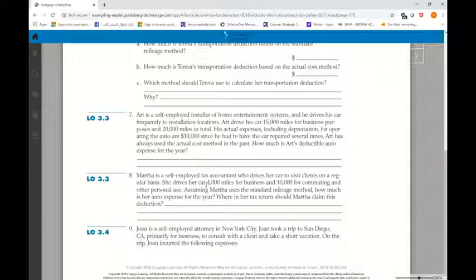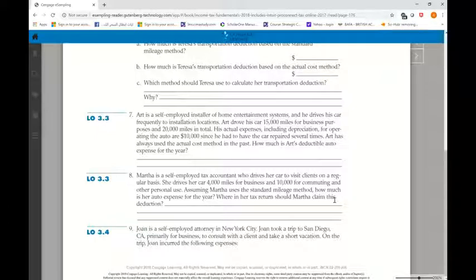She drives her car 4,000 miles for business and 10,000 for commuting and other personal use. Assuming Martha uses the standard mileage method, how much is her auto expense for the year? Where in her tax return should Martha claim this deduction?